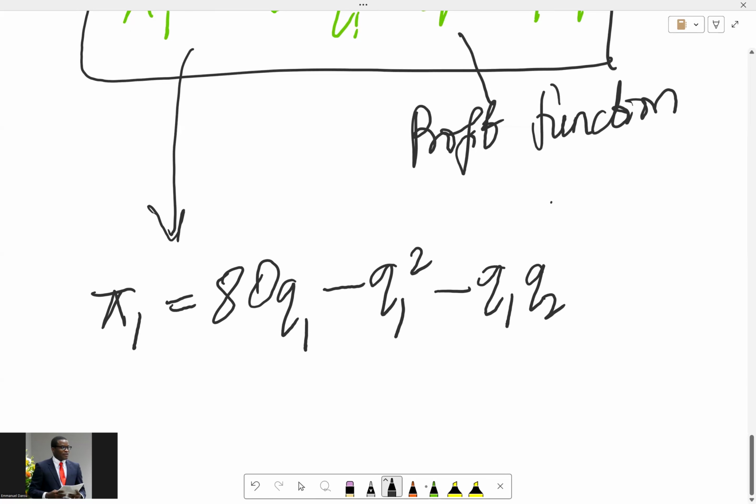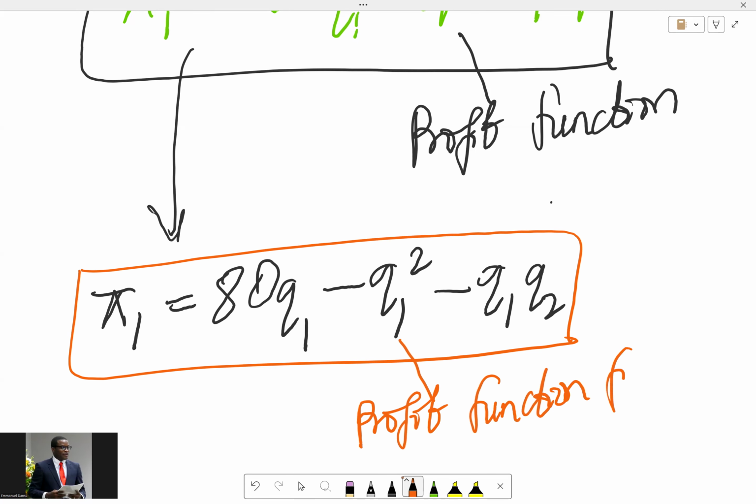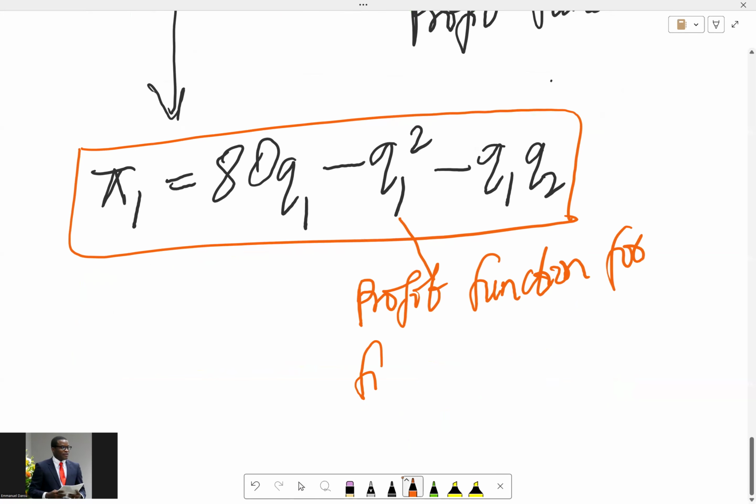So this is the profit function for firm 1.